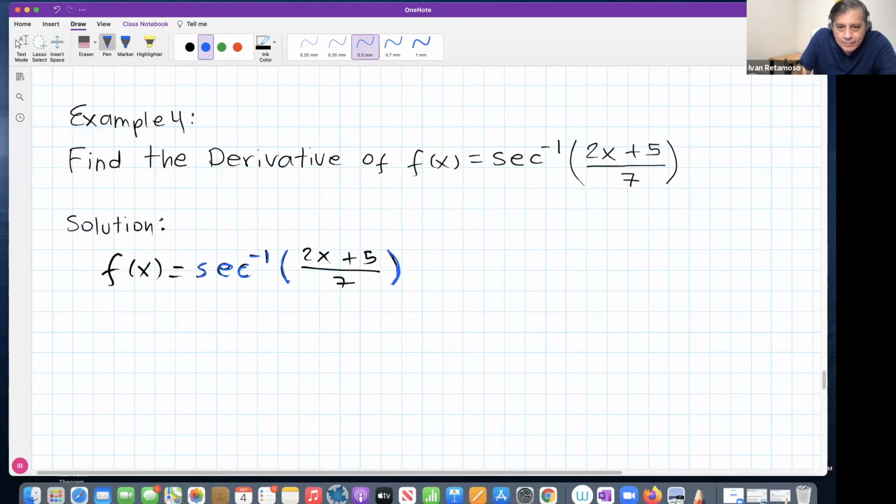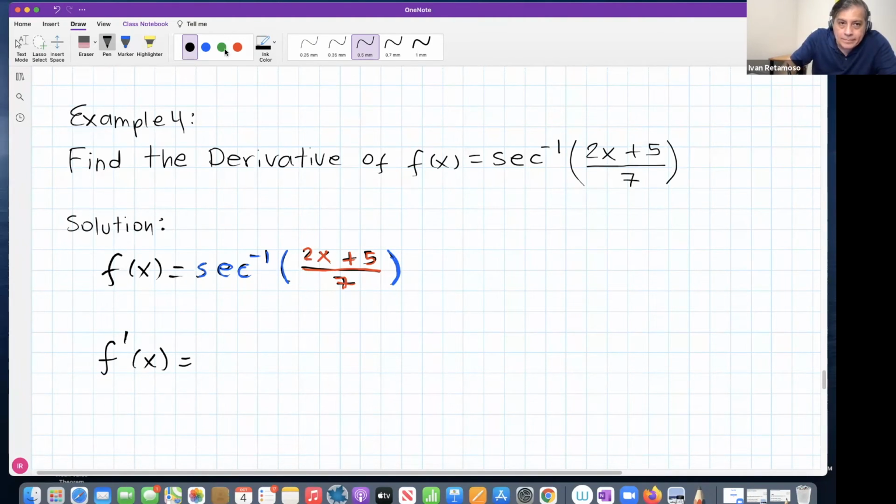Inside function, 2x plus 5 over 7. Very good. Now let's use our chain rule. The chain rule says that the derivative of these composite functions should start with the derivative of the outside function, the derivative of secant inverse. But what is that?